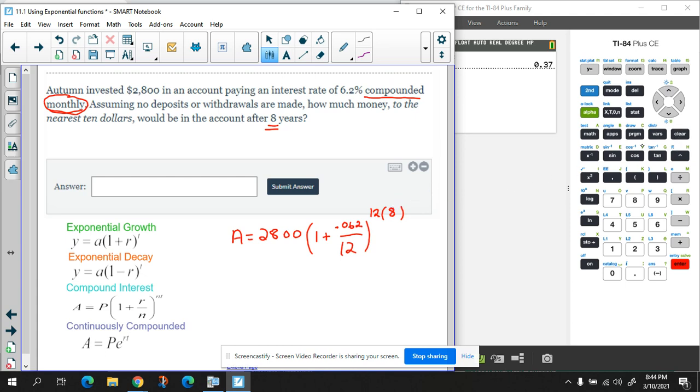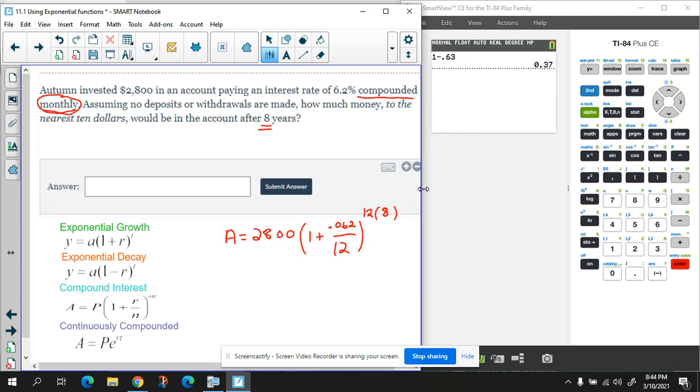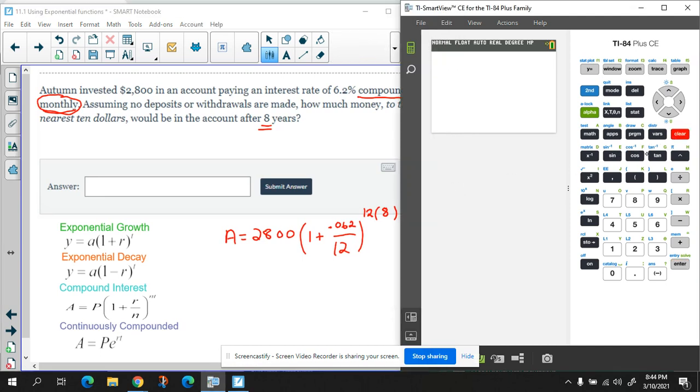When you go to type it in, you can do these on Delta Math as well as on these calculators. I highly recommend that you use the fraction. So we go 2,800, parenthesis 1, add.